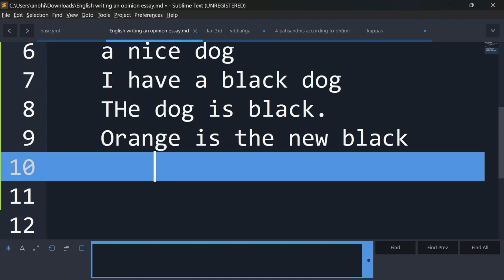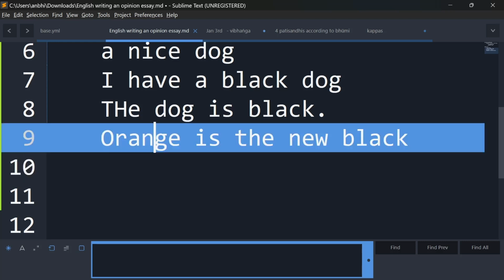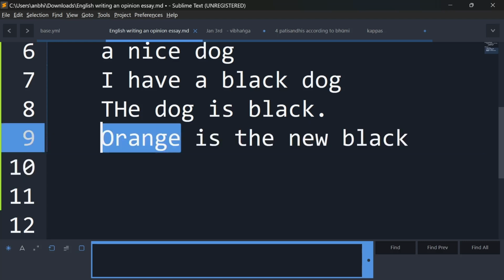So black is like a standard color, something like that, okay? But then in prison, they wear orange. So I think it was related to that. Something I saw somewhere, but so orange is the new black.